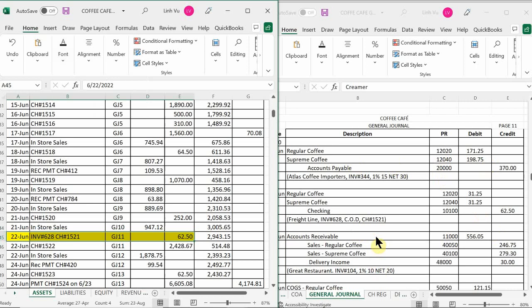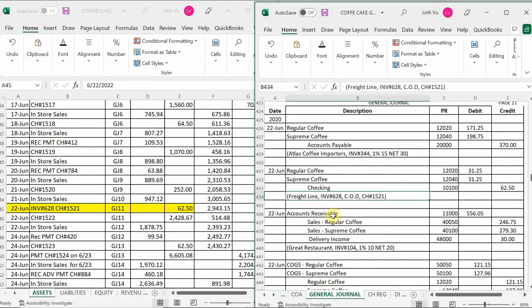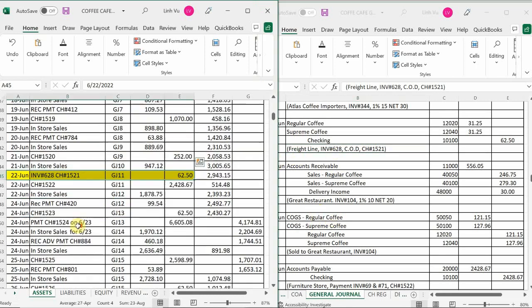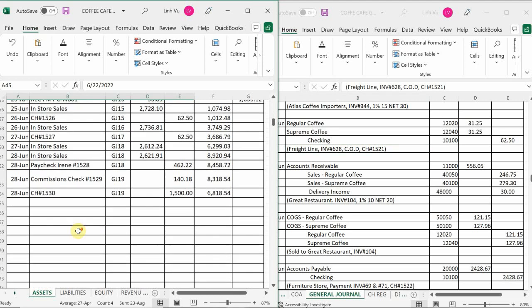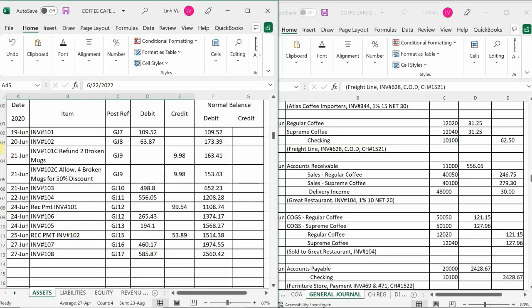All right. Then we had an accounts receivable. And then we had sales. So accounts receivable for a total of 556.